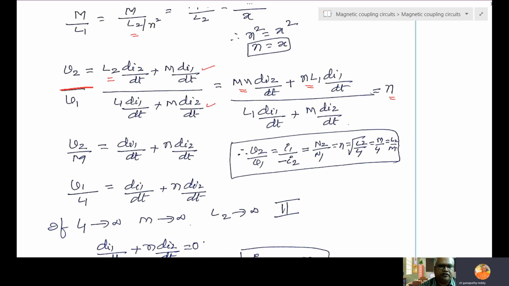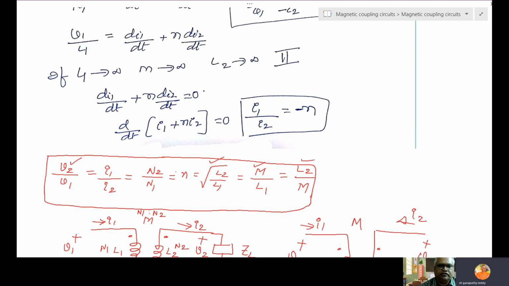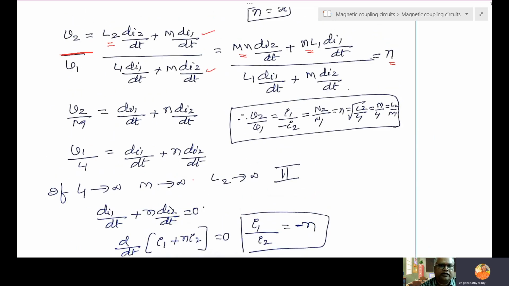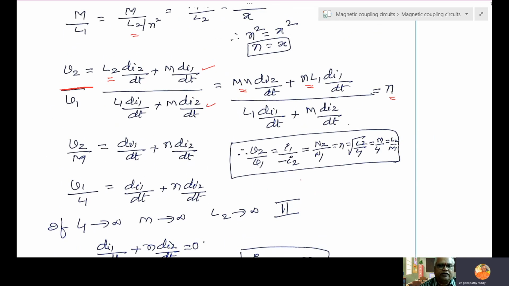Then the last derivation: I2 by I1 is also equal to N. How to derive that? So again, small manipulation. This equation, V2 divided with M. So V2 by M is equal to di1 by dt plus L2 by M, L2 by M equal to N, di2 by dt.